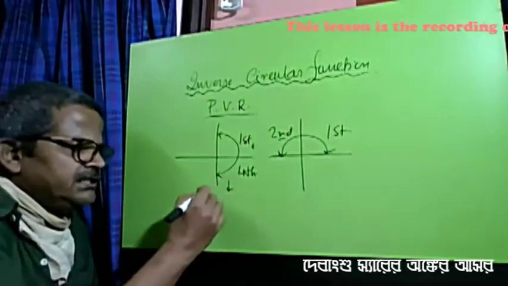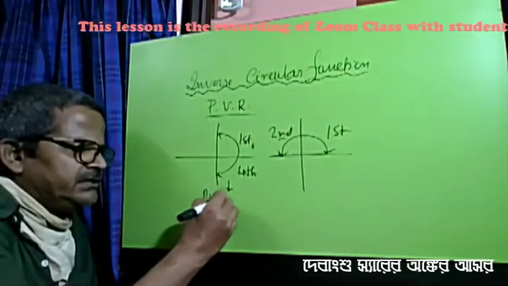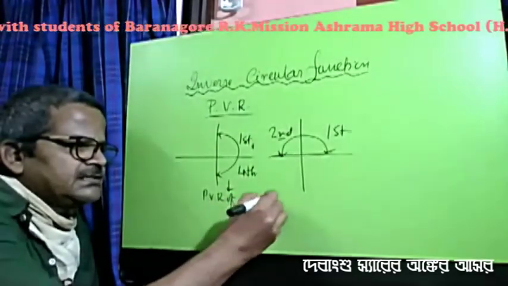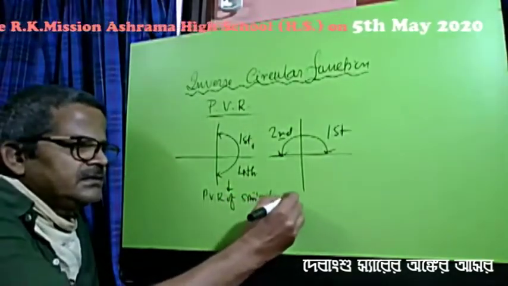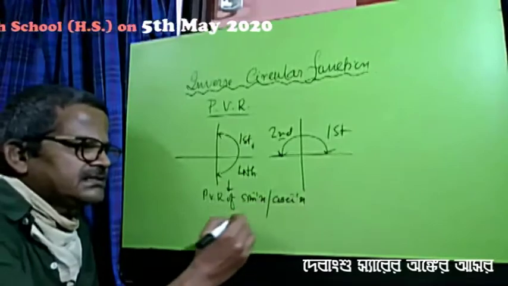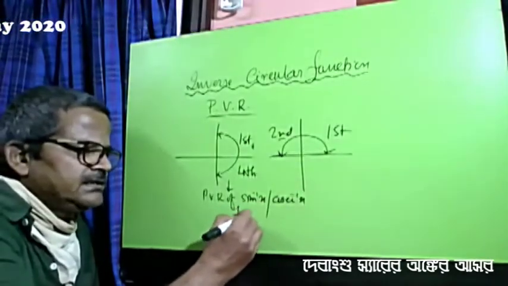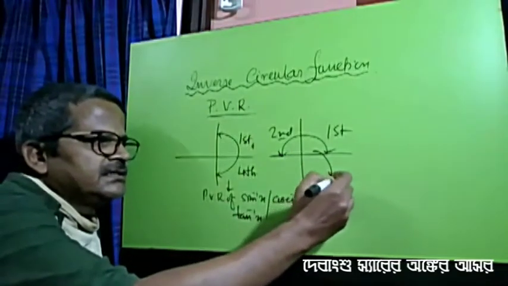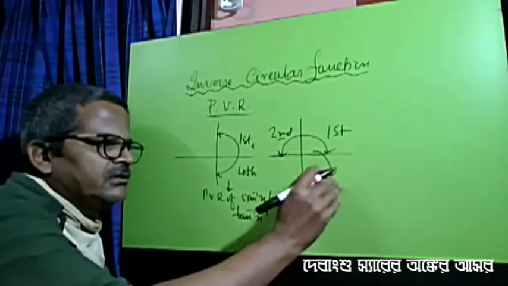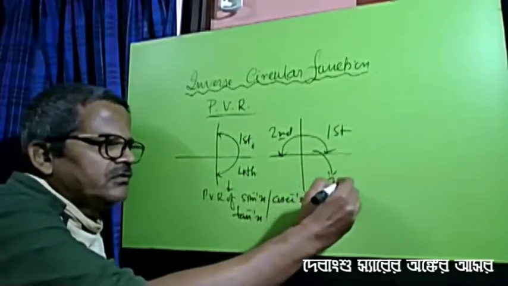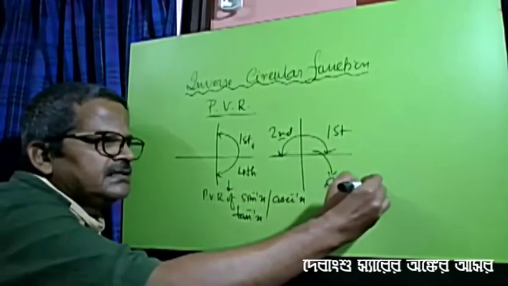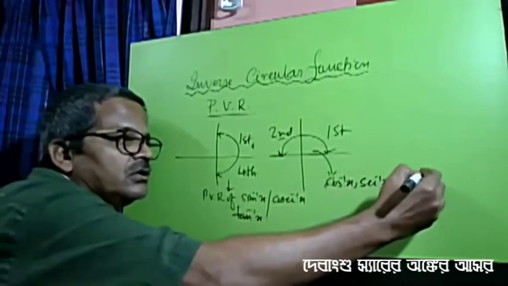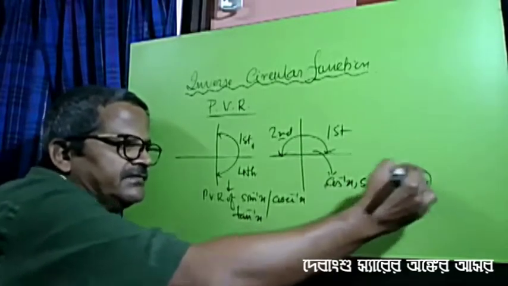This range is the principal value range of sin inverse x, cosec inverse x, and tan inverse x. This is the principal value range of cos inverse x, sec inverse x, and cot inverse x. That is very important.